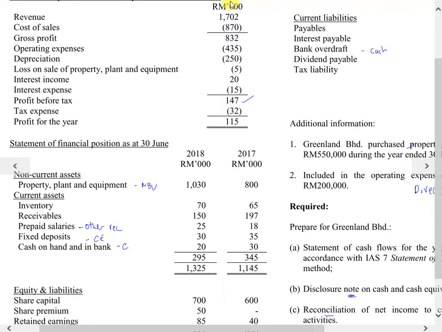Yes. Should I plus or minus? Plus. What else do we adjust besides depreciation? Besides depreciation, what other adjustment do we make in cash flow operating activities?